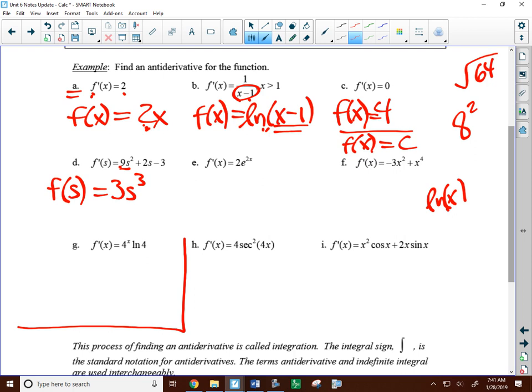Exactly right. Normally, for power rule and polynomials, doing a derivative takes the degree down 1, but an antiderivative takes the degree up 1, since you're going backwards.